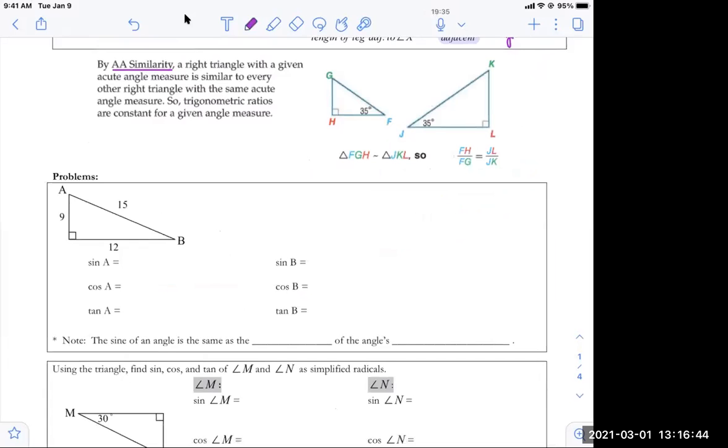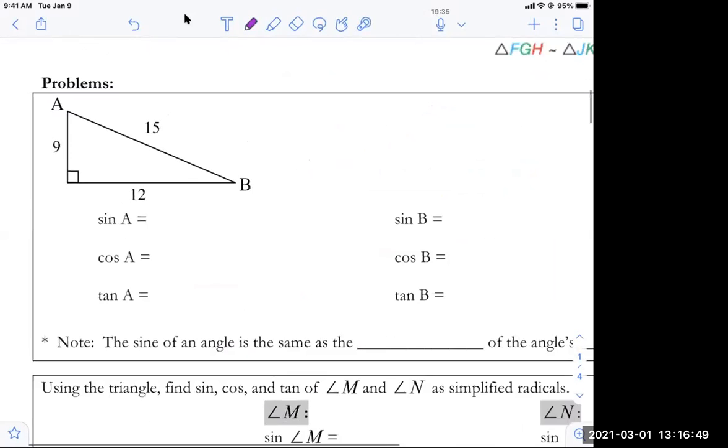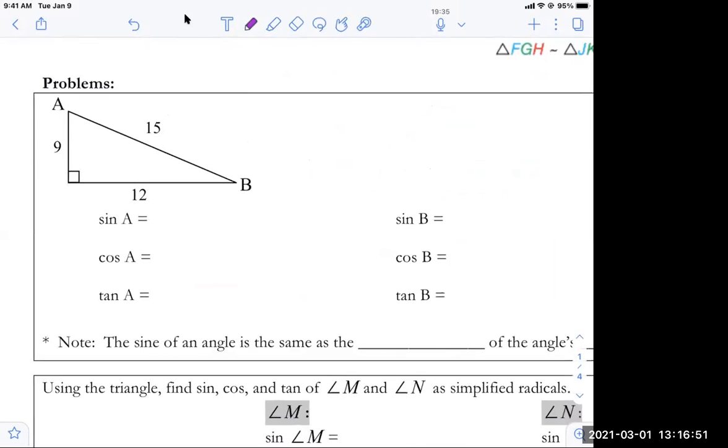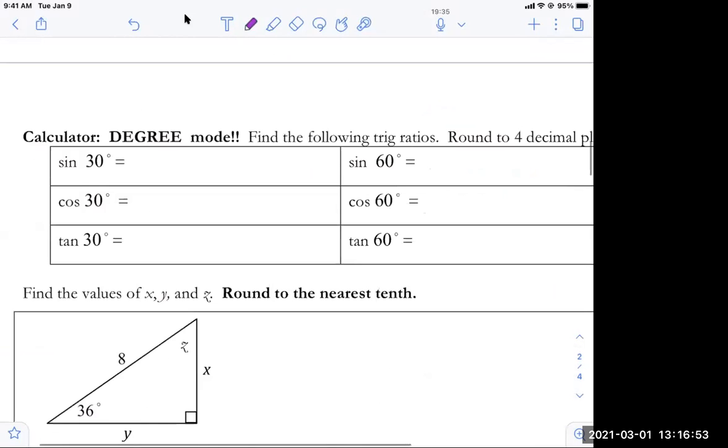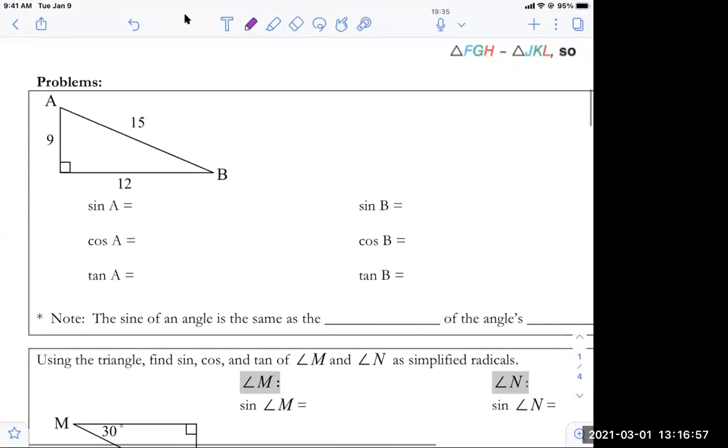Okay, so I think I sent this to you in a Remind, but you need to have a calculator. By the time we're getting down to the problems down here, you're really going to need a calculator to work out those problems. If you don't have a handheld calculator, you can do this on a calculator app for now, but when you do your homework, in the review, and in class next time I see you, you need to have a handheld calculator, whether it's a graphing calculator or a scientific one.